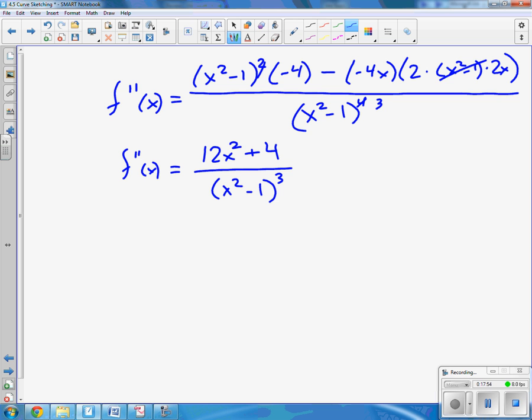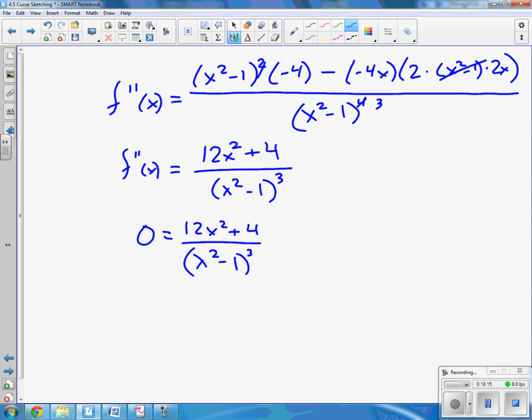So I need to figure out what intervals to check here for concavity. So I'm going to look at where this function equals 0 or doesn't exist, but I'm going to start with 0. So in the numerator, I know that I actually always am going to end up with a positive value.